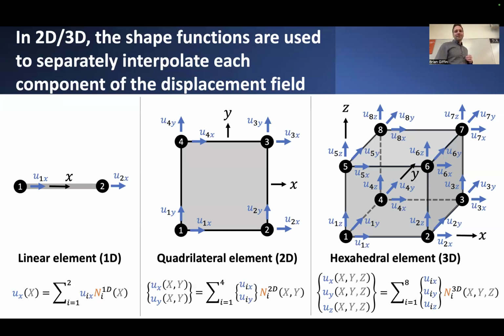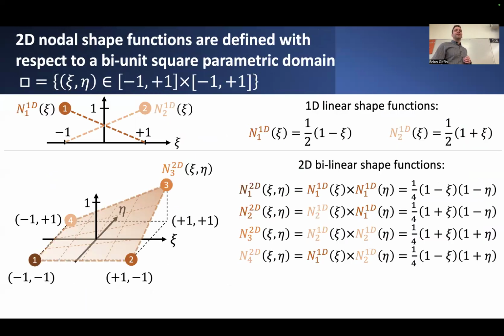Now, it turns out that the shape functions for a 2-dimensional element can be constructed in a very simple way, just by noting the form of the shape functions that we've already determined for a 1-dimensional element. Recalling what those look like, nodes 1 and 2 have shape functions that are simply linearly varying and expressible in terms of this 1 parametric coordinate xi. N1 is just 1/2 (1 minus xi), N2 is 1/2 (1 plus xi).